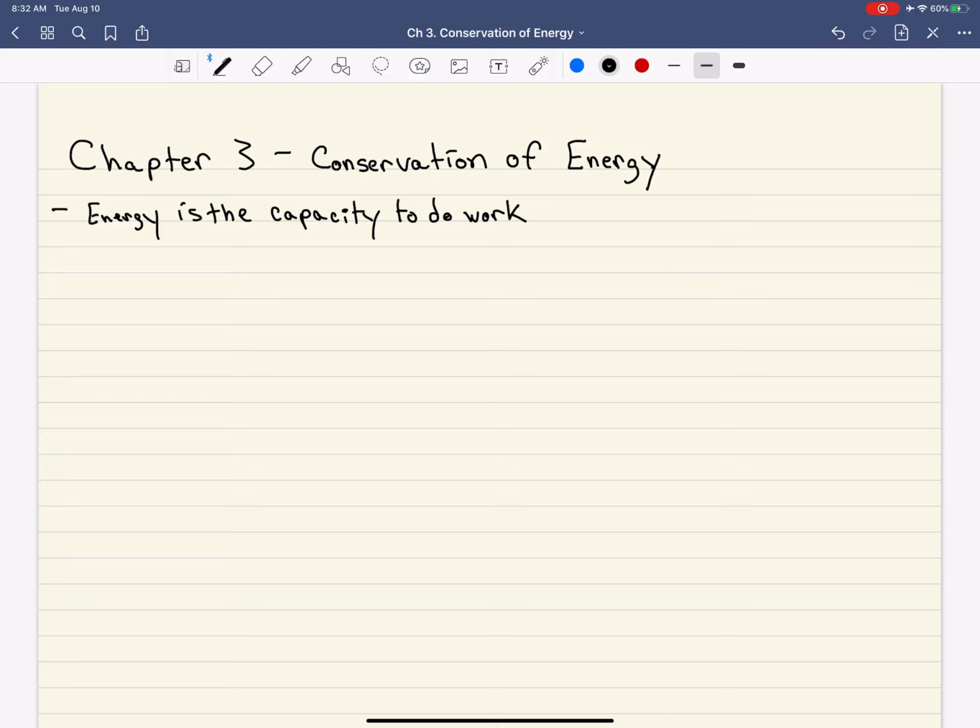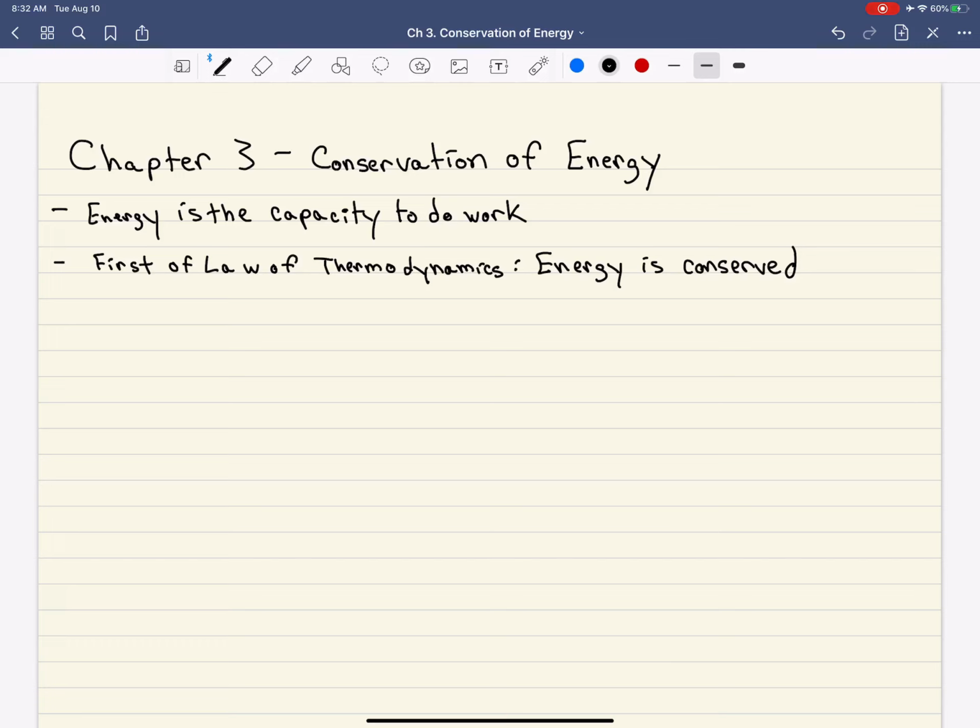And so when we talk about energy, it's always important to think about the first law of thermodynamics. According to that first law, we know that energy is conserved. But we have to be a little bit careful when we say this, because when we're talking about the conservation of energy, we're not talking about a specific system.